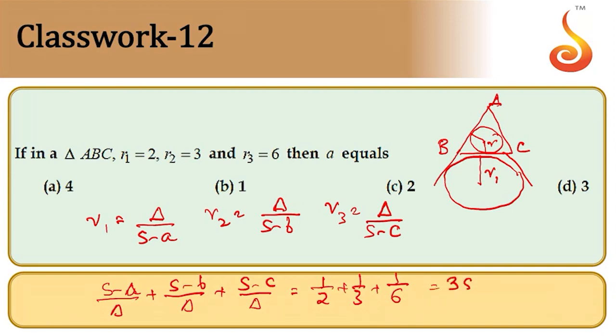So we get (3s minus (a plus b plus c)) by delta is equal to 3 plus 2 plus 1, 6 by 6, which will give you 1. So 3s minus (a plus b plus c) is nothing but 2s, so we get s by delta is equal to 1.